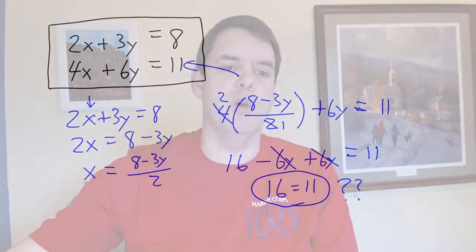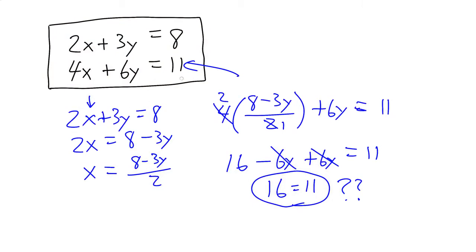And the reason you can see, if you look at these equations a little bit more carefully. What I've said here was 2x plus 3y equals 8, right? Now, if you think about it, this next equation, 4x plus 6y, well, that's just twice this first one, right? If I take this first 2x plus 3y, whatever x and y are, and I double it, I'm going to get 4x plus 6y.